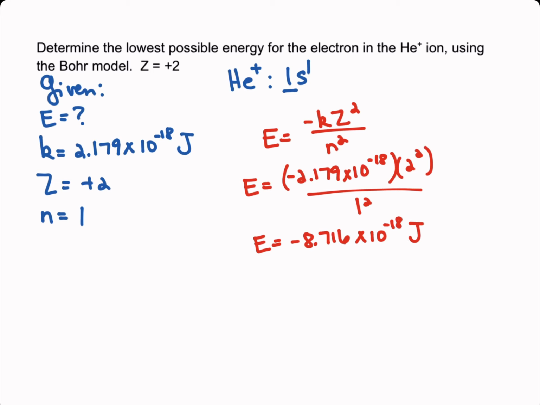So energy equals negative 8.716 times 10 to the negative 18 joules.